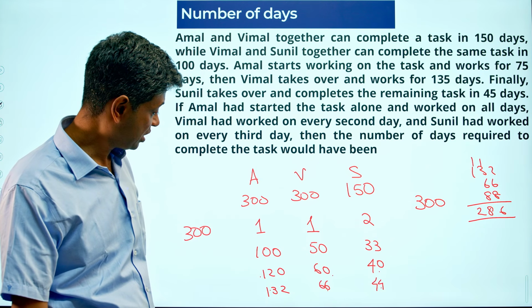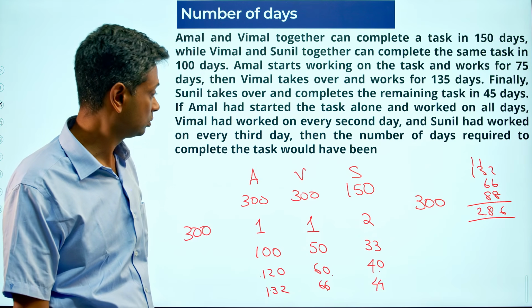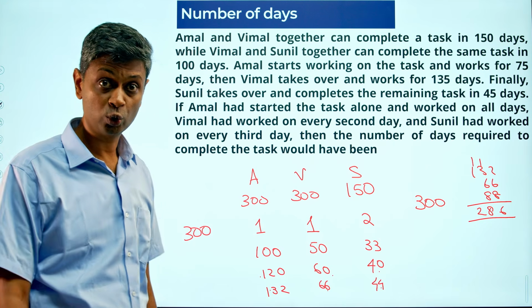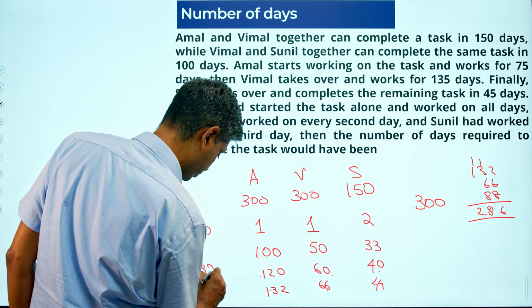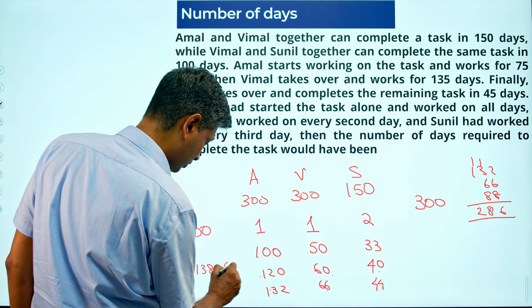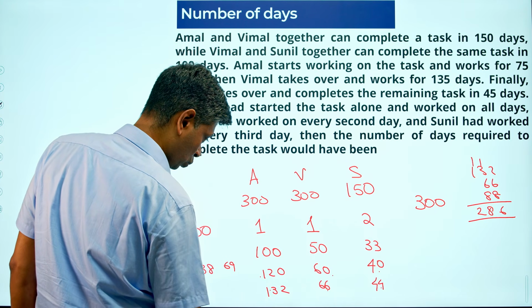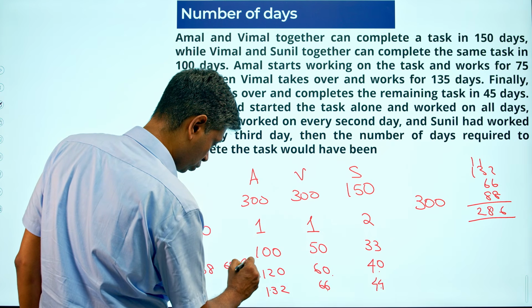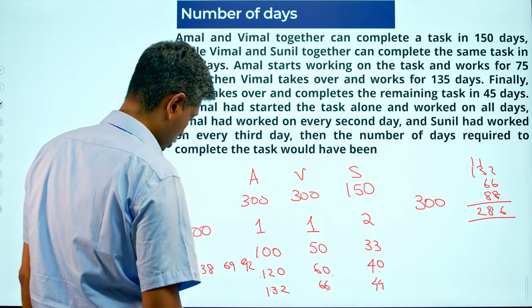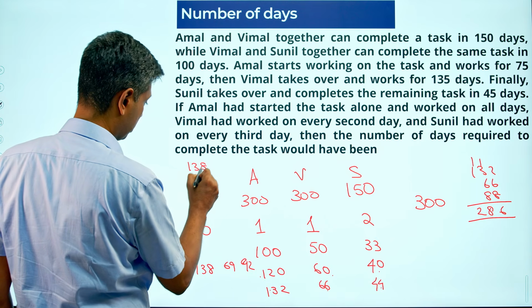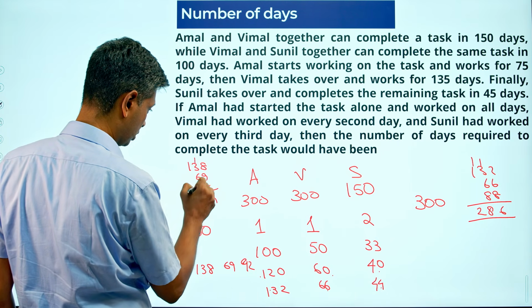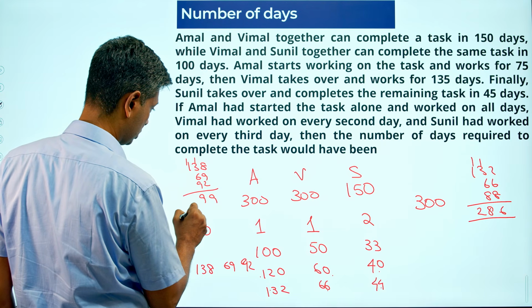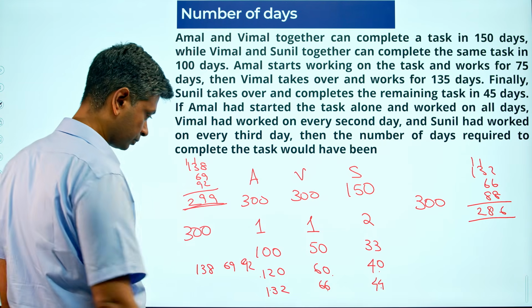If we go to 138 or 144, it will overshoot. So 138 days, half of that is 69, one third of that is 46, into 2 is 92. 138 plus 69 plus 92 is 299.